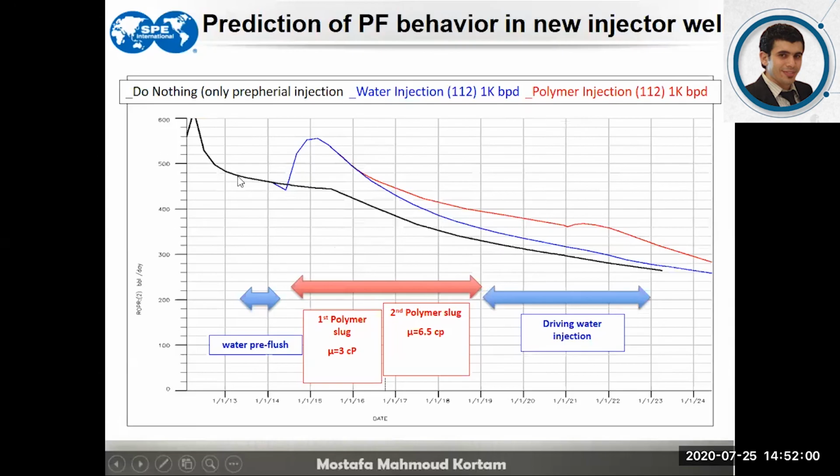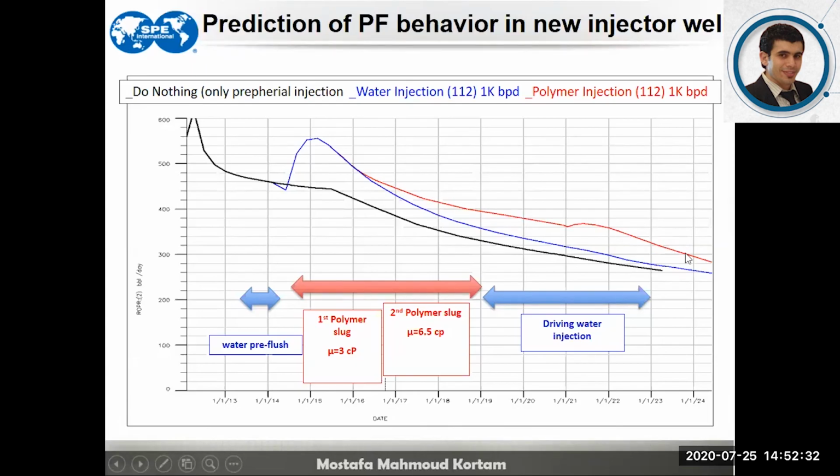Plotting the peripheral water injection rate trend versus time, the blue line represents the injection rate of 112-112 with just 1,000 barrels per day, and the red one is the polymer flood, which started just after the water pre-flush, for about 6 years of injection, then followed and chased with driving water to continue the injection.